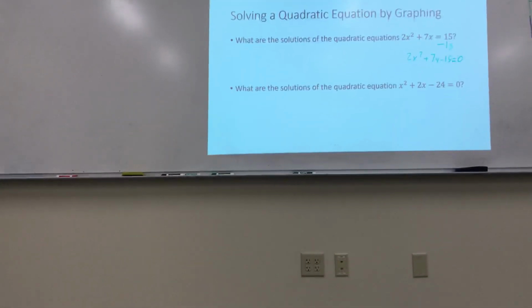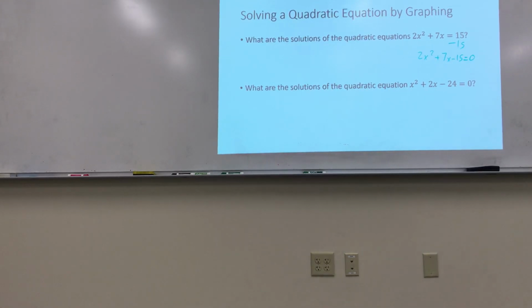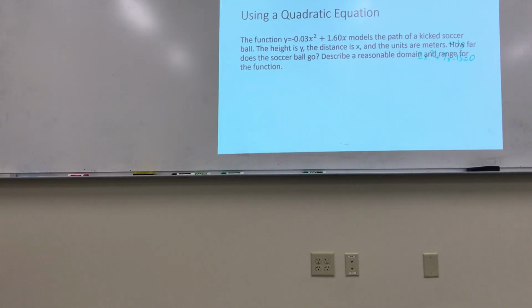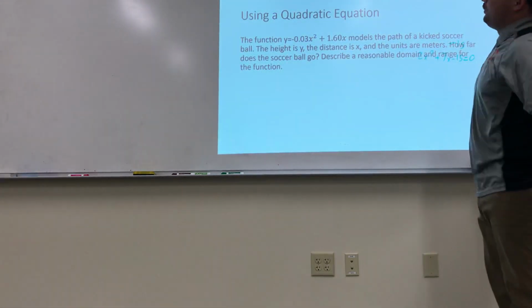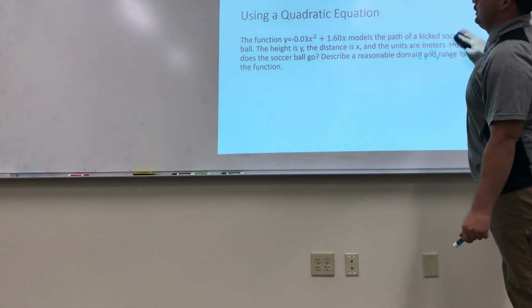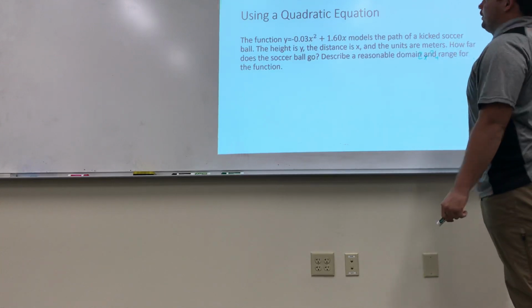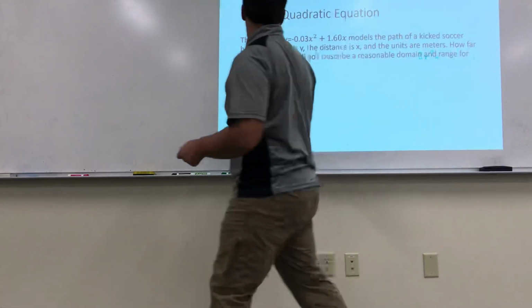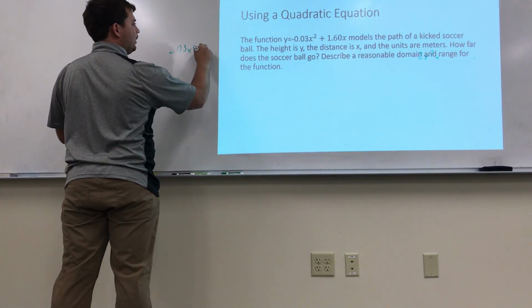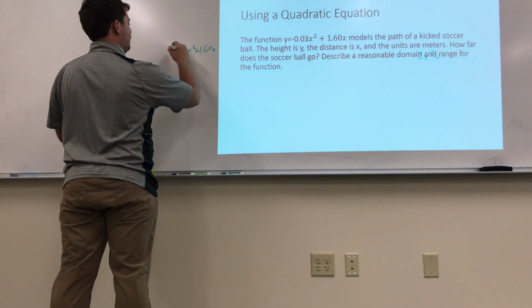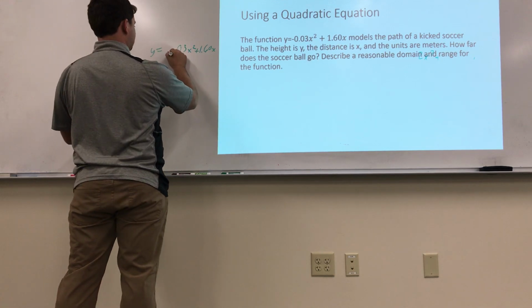Now, there's one more problem, and we're going to do that one on Desmos. So I'm going to write this out. The function of y equals -0.03x to the second plus 1.60x, and y equals this.